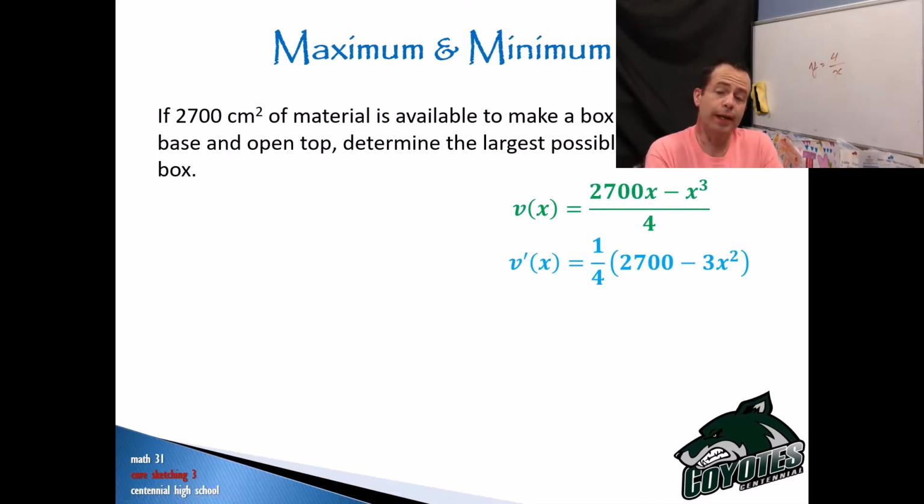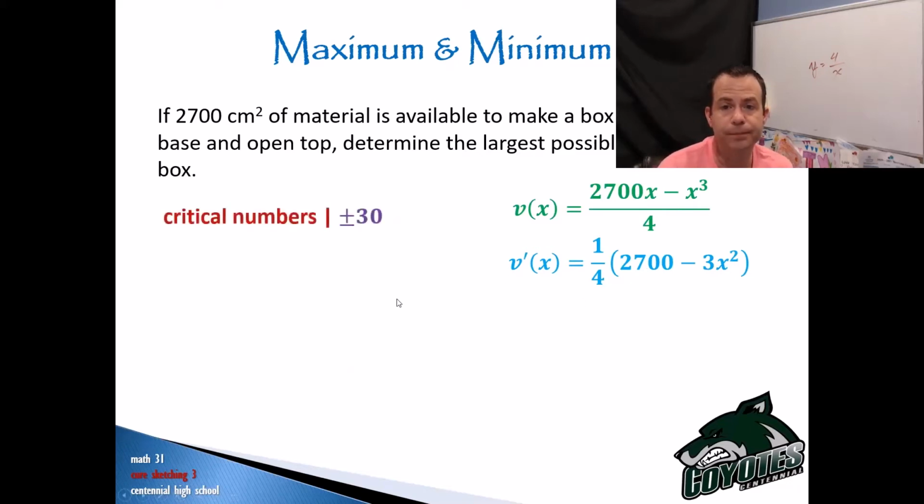Now, when does that either not exist or equal 0? That's what I'm looking for, critical numbers. It will never not exist, but it will equal 0 if I just set this guy equal to 0. So 2700 divided by 3 is 900, and then the square root of 900 would be 30. So I've got plus or minus 30 as my critical numbers. Those are the ones I want to test now.